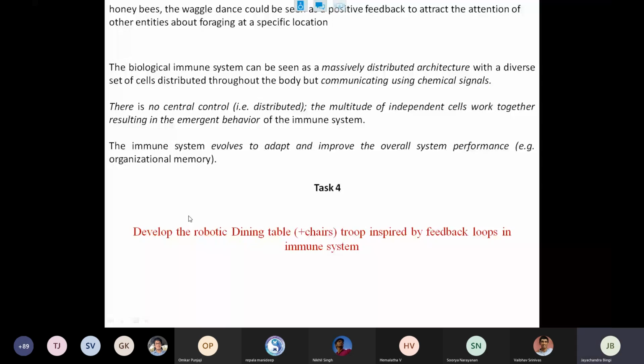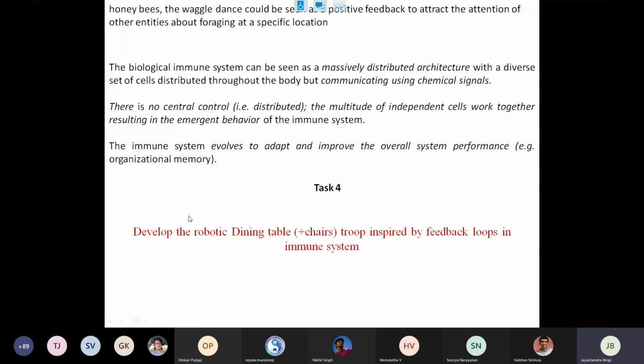Customers are coming, they are sitting in different places, they are chatting, they are interacting with the servers, they have to interact with the different places. They have to sit for some time, they have to eat and sit comfortably, then they have to go out. For all these things, can you design a behavior inspired by the immune system?